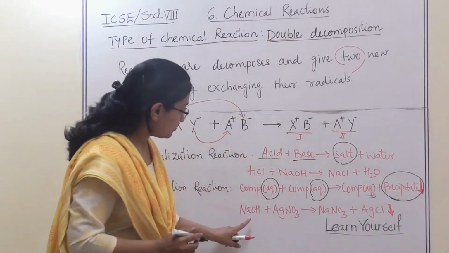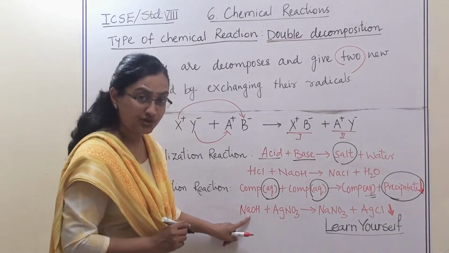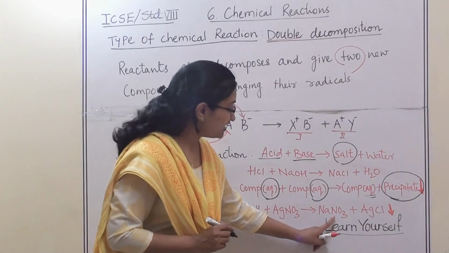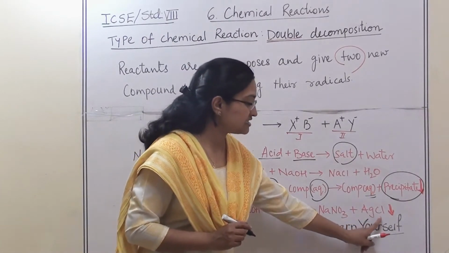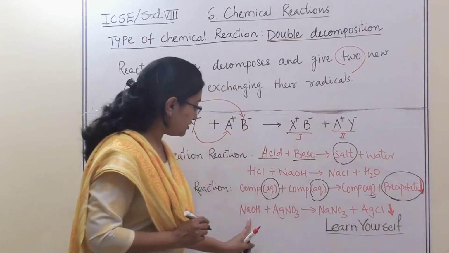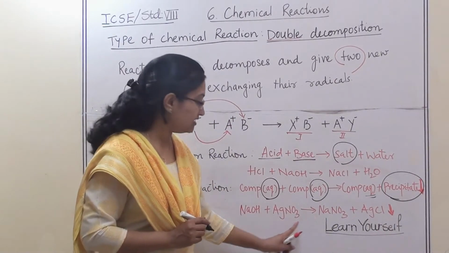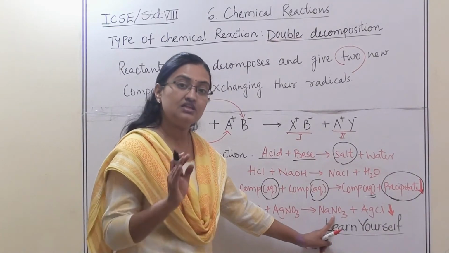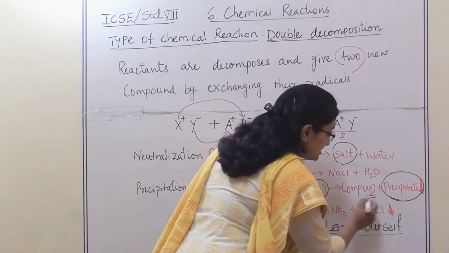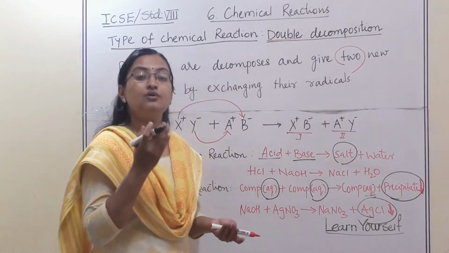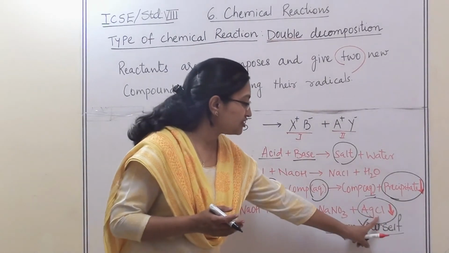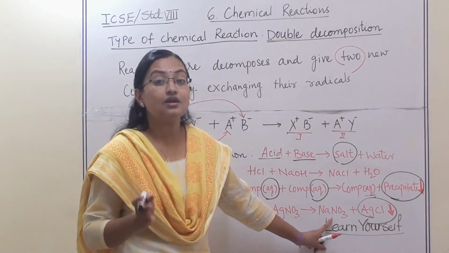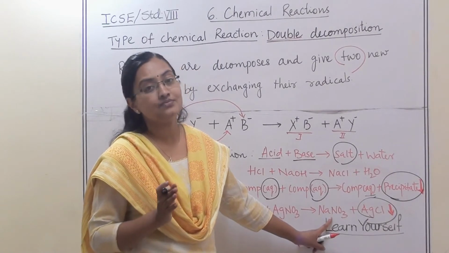So let us take one example: sodium hydroxide will react with silver nitrate and give us sodium nitrate plus silver chloride. When we mix the two solutions, we will get NaNO3, sodium nitrate, in liquid and AgCl as a precipitate. So you can filter it out and as a residue you will get AgCl, and in the liquid your other compound will be there, that is sodium nitrate.